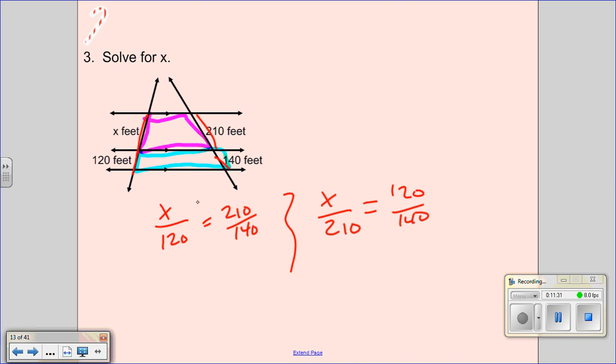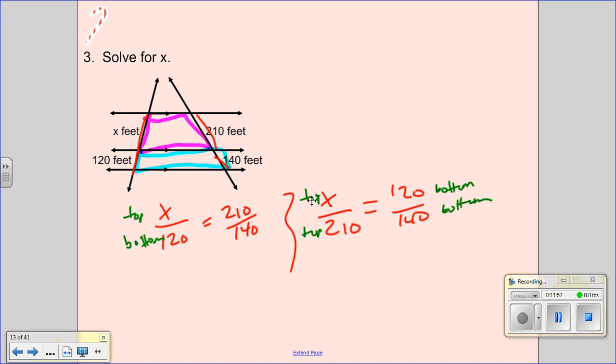So again, the one on the left, I did top versus bottom on both sides of the equal sign. However, on the right, I did top over top as bottom is bottom.